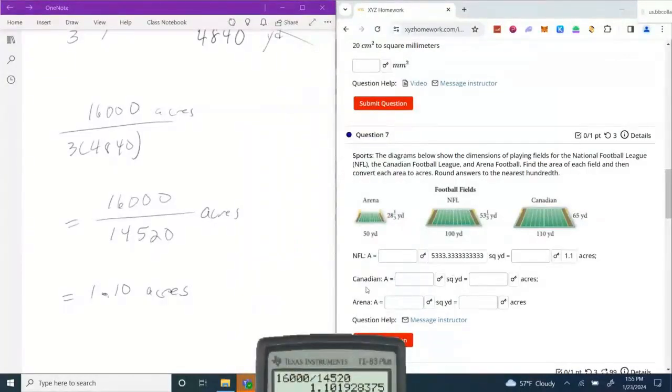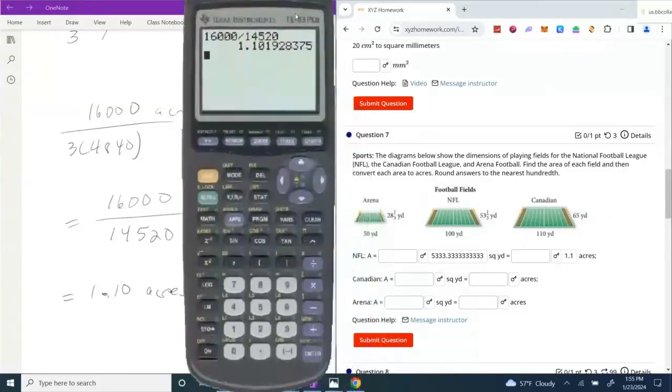So we're just going to go through that with all three. For the Canadian, you just got to make sure that you're choosing the right field. For the Canadian football field, I want the answer in square yards first. So I'm simply going to multiply the length times the width.